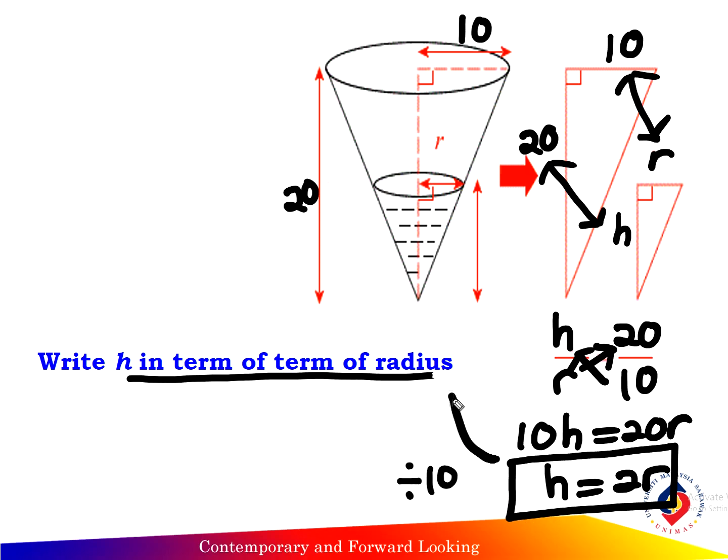In terms of the radius, divided by 10, h equals 2 times radius. So h equals 2 times the radius. Okay, here is step 2: you write down h in terms of the radius.